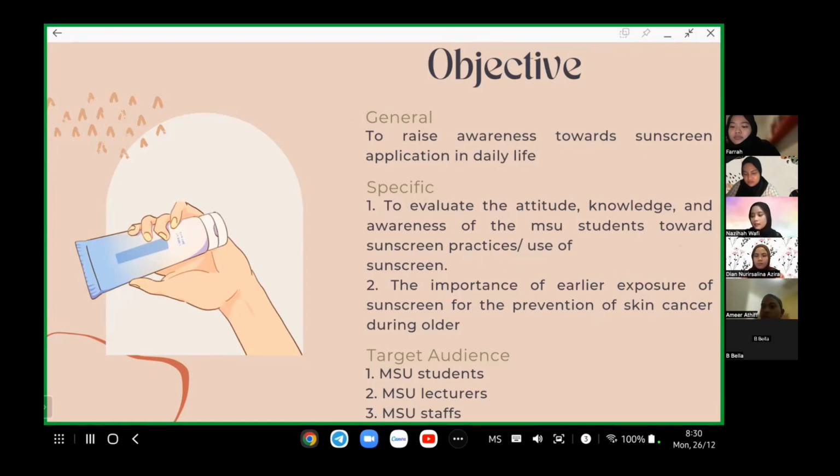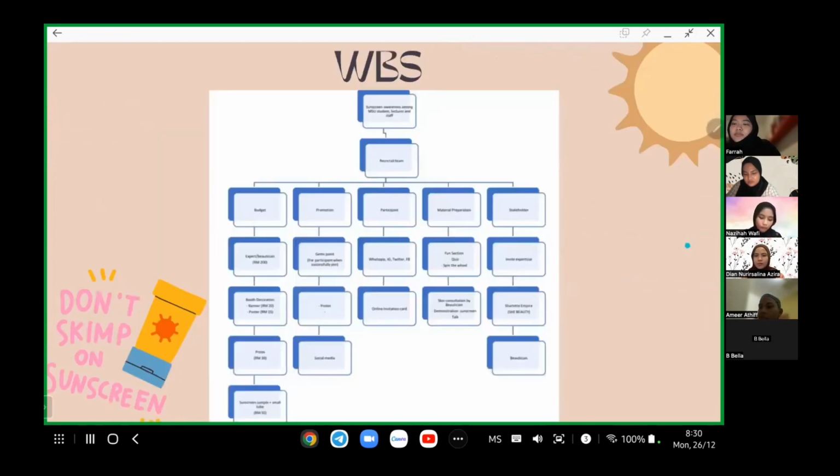Okay, next. Before going further into our WBS and our Gantt chart, I would like to roughly describe our roles. The supervisor for this project is Madam Norlita binti Mansur, and our project director is Maizatul Shahira.